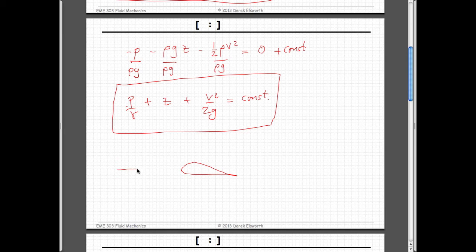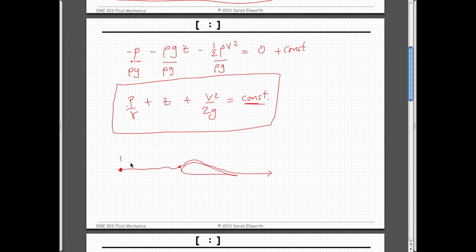What we want to be able to do is to look at how things change as you go along a flow line. And so the idea is, if everywhere along this flow line this magnitude is a constant, you're able to write this at a couple of different places.